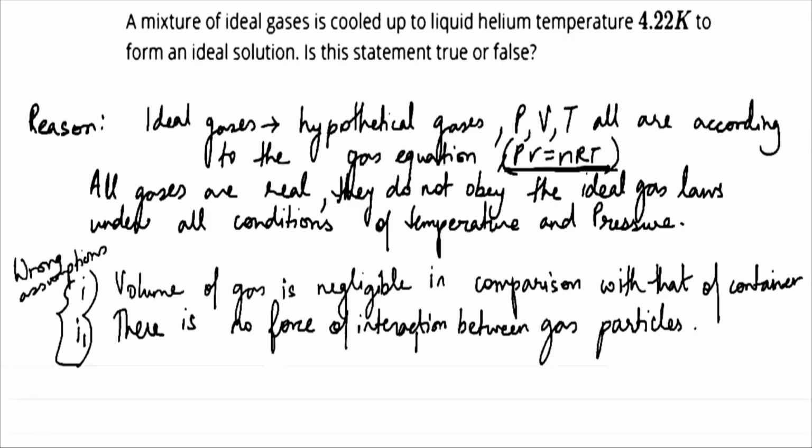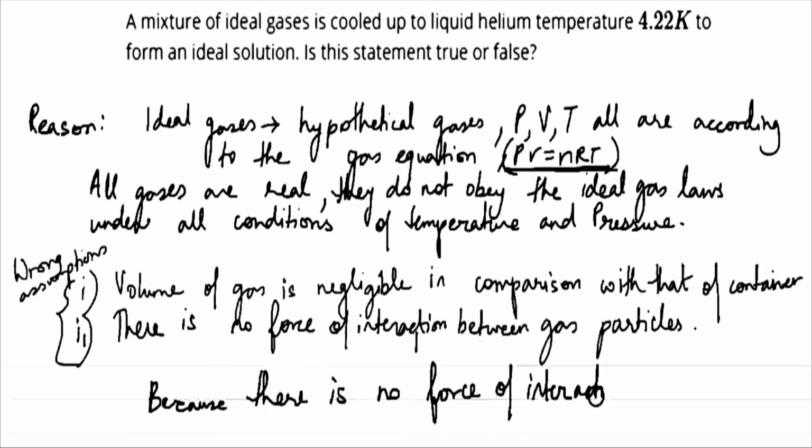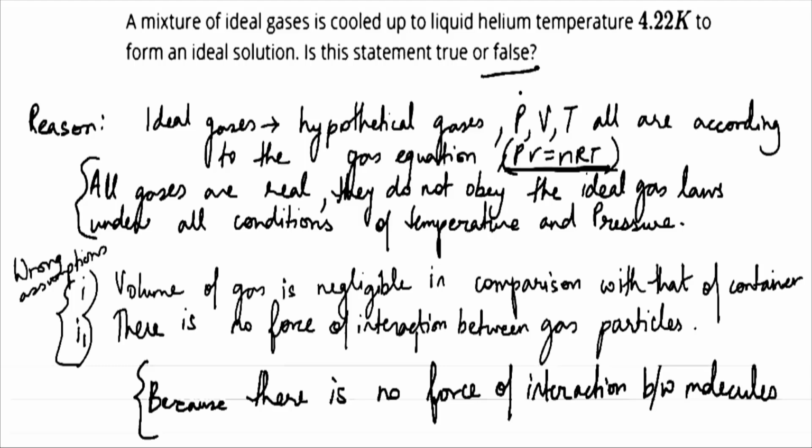Therefore, a mixture of ideal gases when cooled up to liquid helium temperature cannot form an ideal solution because, according to the ideal gas equation, there is no force of interaction between molecules, but we know that all gases are real and they do have certain forces of interaction between them. So this statement is completely false.